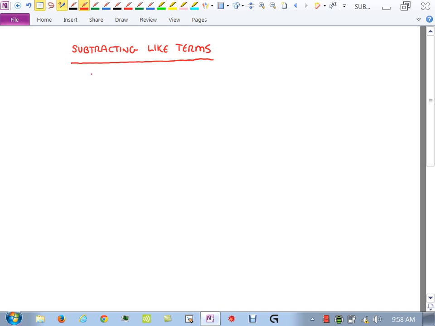So make sure they're like terms. Then subtract coefficients. What makes the subtraction a little bit more challenging is that sometimes subtraction of integers and stuff can be a little complicated. So let's just do an example.